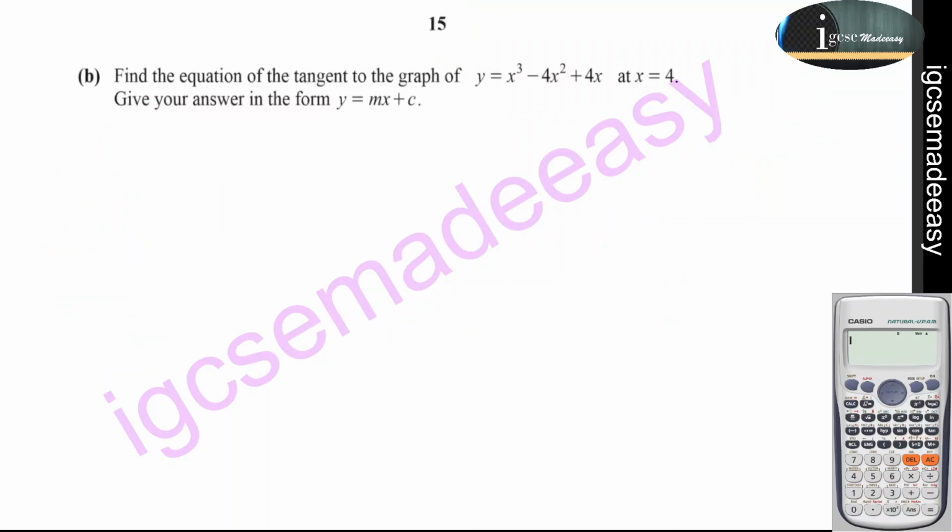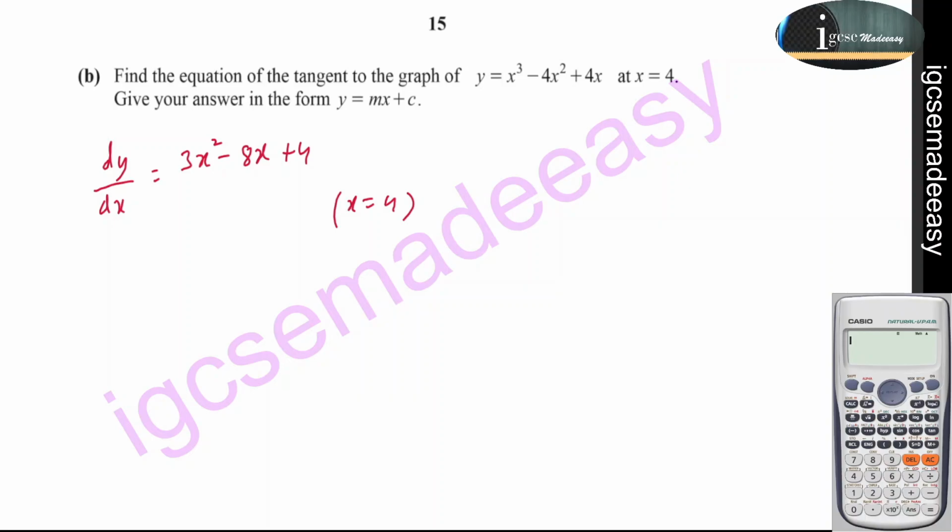Part B, find the equation of tangent to the graph. So we have to differentiate this first. Let's differentiate this. If I differentiate this, this will become 3x square minus 8x plus 4, and here I have to put the value of x as 4 in this equation.